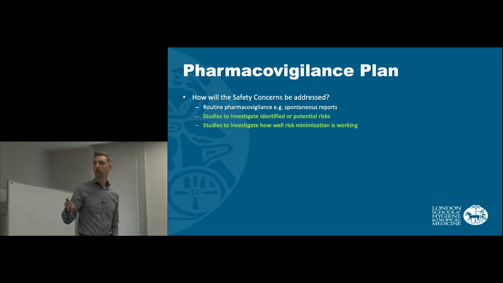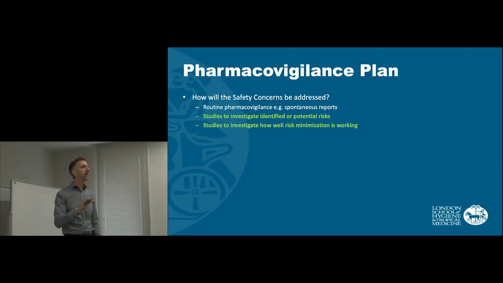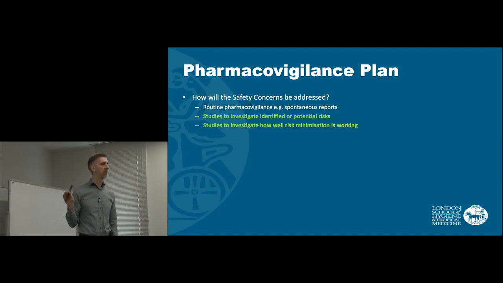For sure, it will involve routine pharmacovigilance. So spontaneous reporting is always going to be a given. It will always be a part of this process. But two other really important parts are studies to investigate either identified or potential risks of the medication.